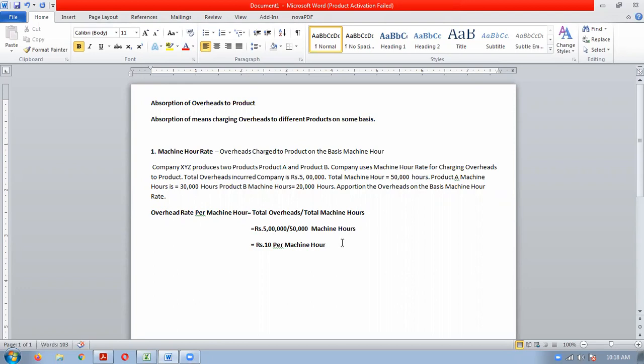Now we can easily divide it into two products. No? Product A is using 30,000 machine hours, so it will be 30,000 machine hours into 10 per machine hour. So you will get the answer. Similarly for product B also, the remaining will be allocated.